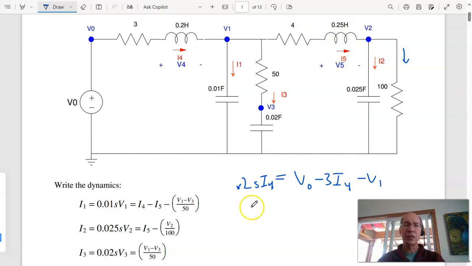For this inductor, V5 is L di/dt. That's 0.25 times sI5. That voltage is the voltage on the left, V1 minus 4I5, minus the voltage on the right, V2.